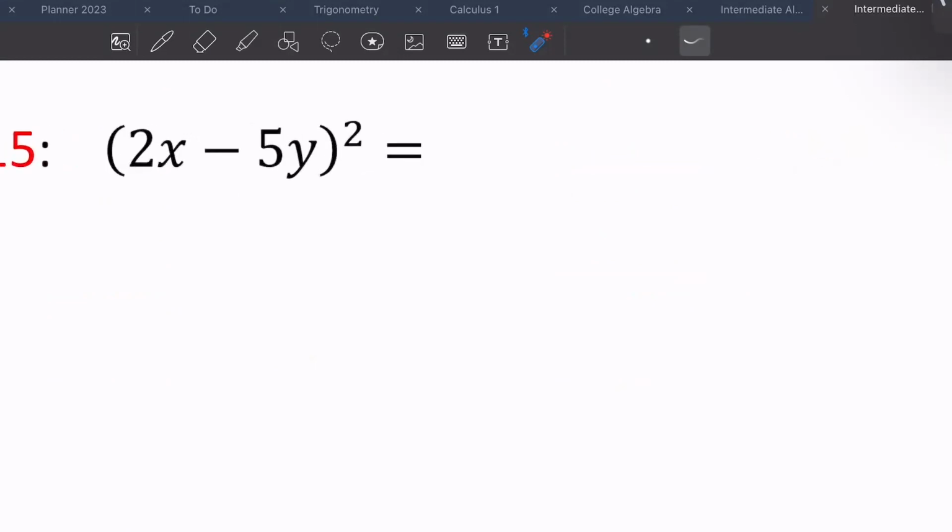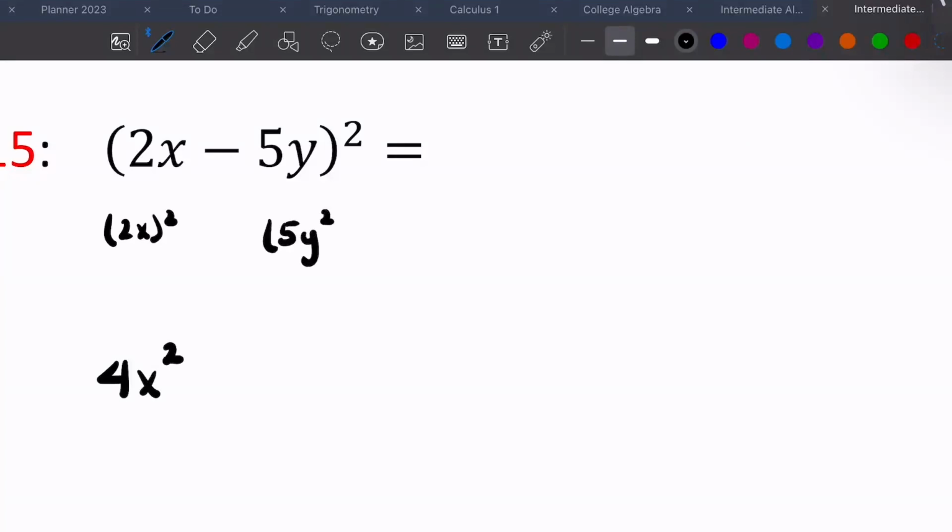This one, we have x's and y's, but nothing changes, right? Square the first. So you'll do 2x squared. So 4x squared. Square the last. Right?